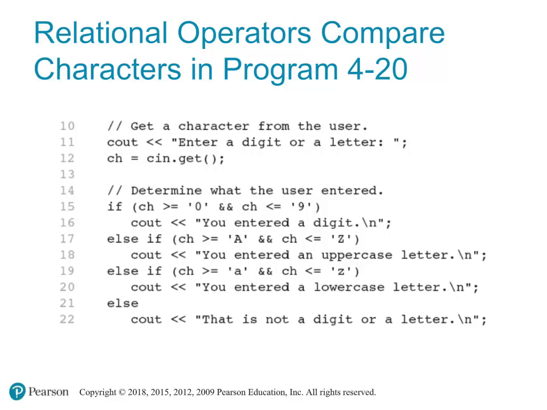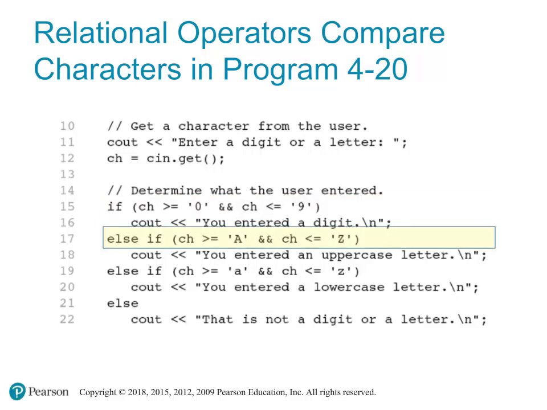This checks if the ASCII value of the entered character falls within the range of ASCII values for digits, 48 to 57. So the character 0 is 48, and the character 9 has ASCII value 57.